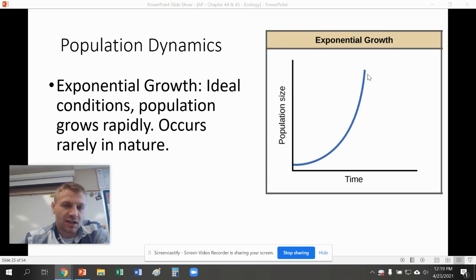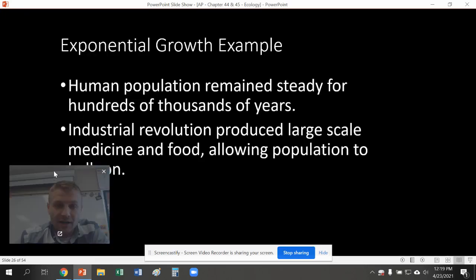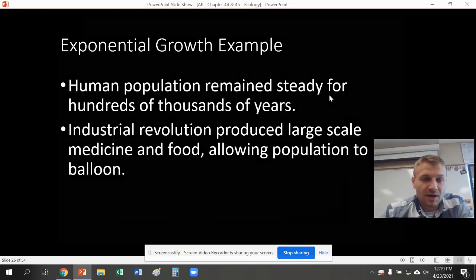A population can't just keep on growing and growing and growing. We're going through this right now with humans. We have rapidly increased our population in the past couple hundred years, but there has to be a limit. You can't just keep on having more and more humans. There's going to be some limiting factor that we're going to talk about next.